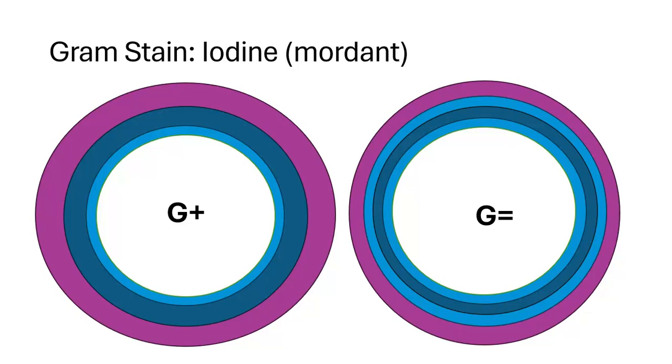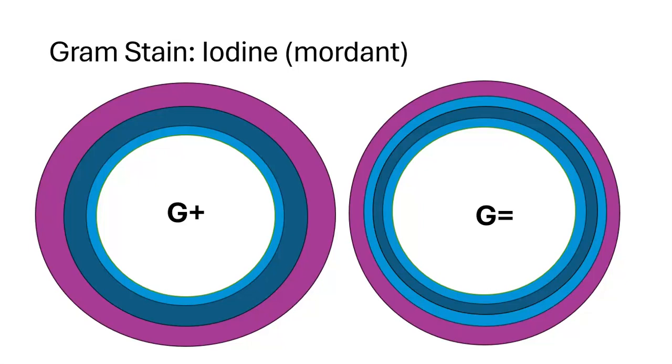In the second step of the gram stain, we add iodine, which is a mordant, and the iodine causes the crystal violet molecules to push deeper and farther into the peptidoglycan, specifically of the gram-positive cell wall. And that's because that peptidoglycan layer is exposed, and so it is able to push those molecules deep down inside that peptidoglycan.